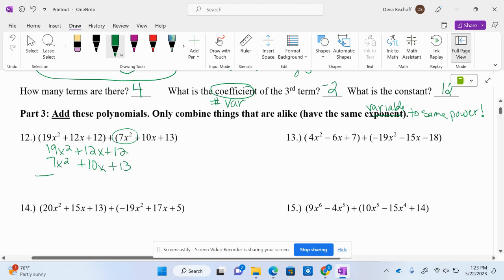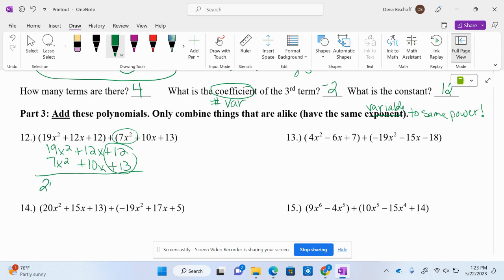And I just put a big old bar underneath it and add each grouping. 26x squared plus 22x plus 25. Very nice, sir. That's absolutely perfect.